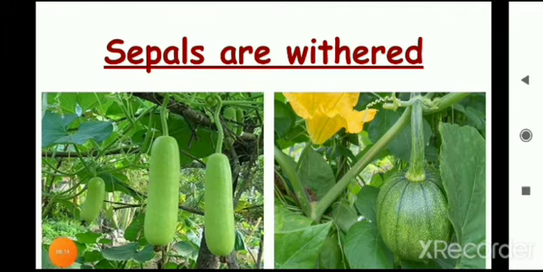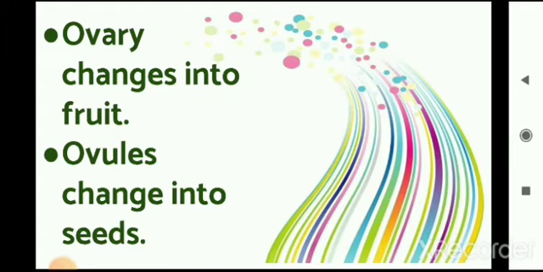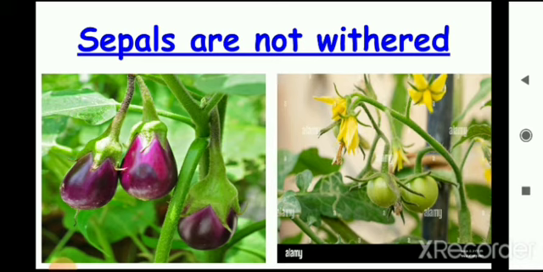Some of the plants like tomatoes, strawberries and brinjal do not wither their sepals. Okay? Their sepals remain attached with the fruit. This you can see in the next picture. In this picture, you can see that sepals are not withered.